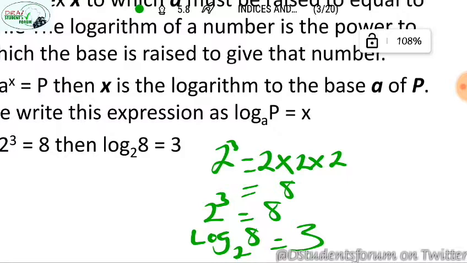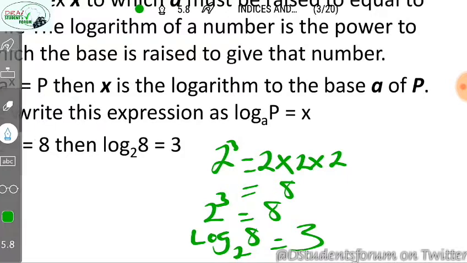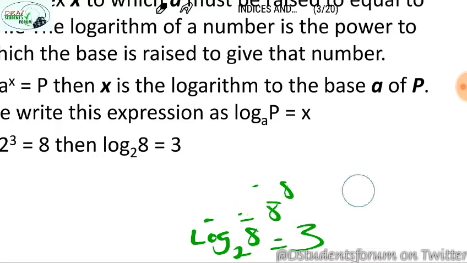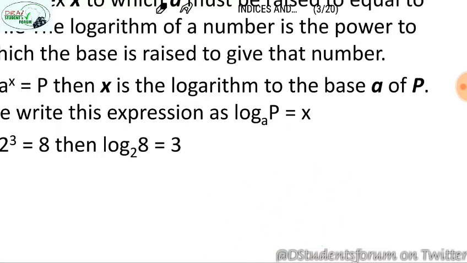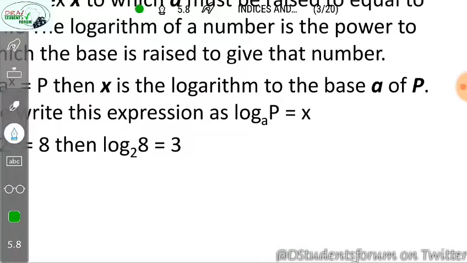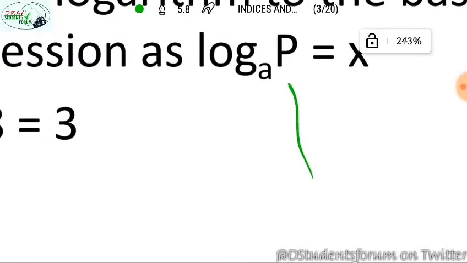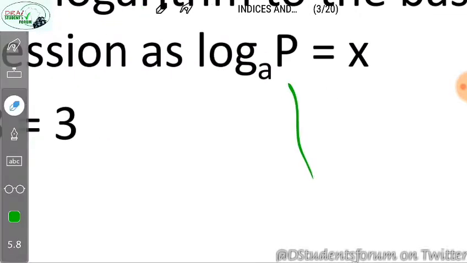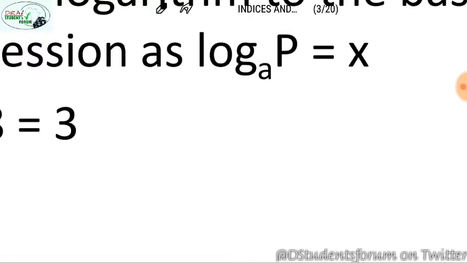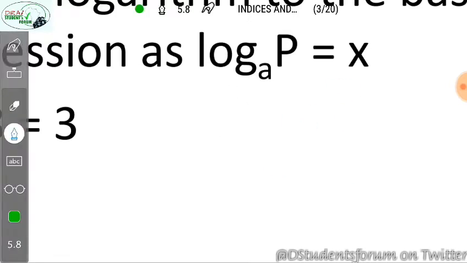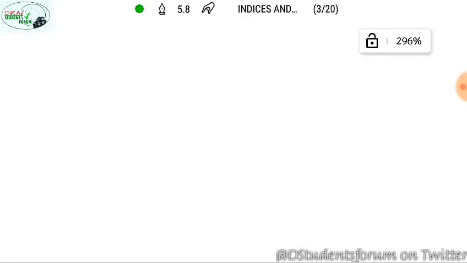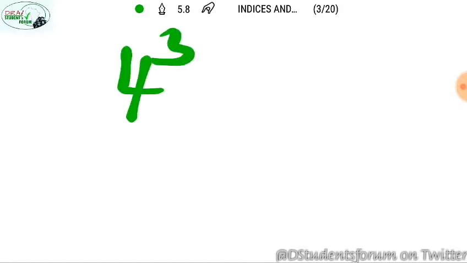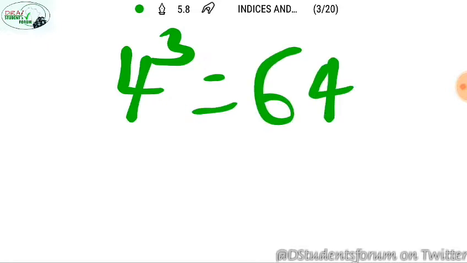Let us consider another example for us to have a better understanding of the concept of logarithms. Looking at another index form, let's consider 4 raised to power 3, which equals 64, because 4 times 4 is 16, and 16 times 4 will give us 64.